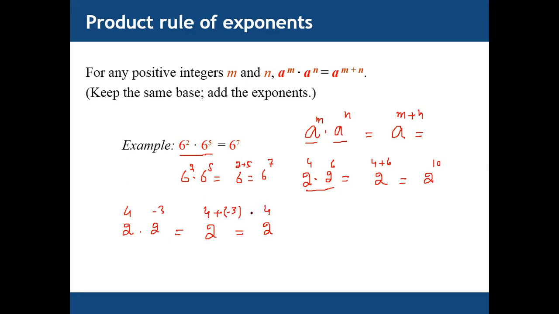Plus times minus equals minus. So 2 power 4 minus 3 equals 2 power 1. Or if we have both negative, 2 power minus 3 and 2 power minus 4, you can write one base, minus 3 plus minus 4 is minus 3 minus 4, and 2 power minus 7.